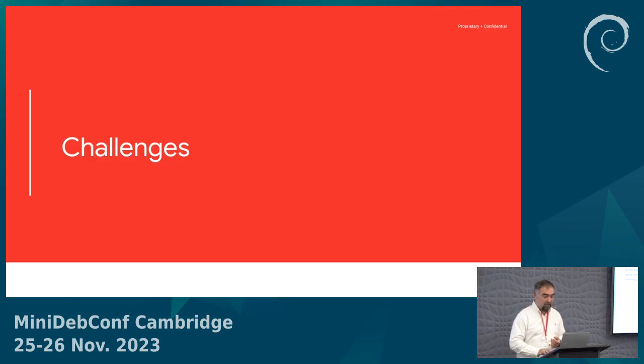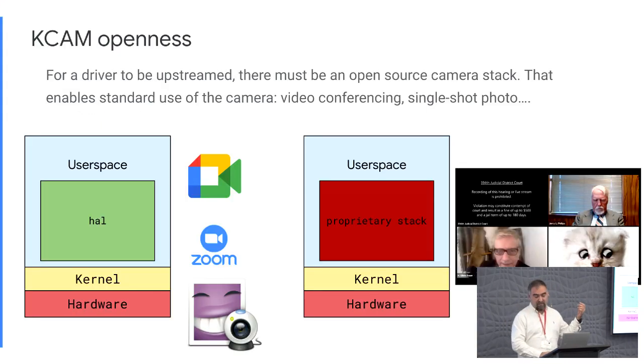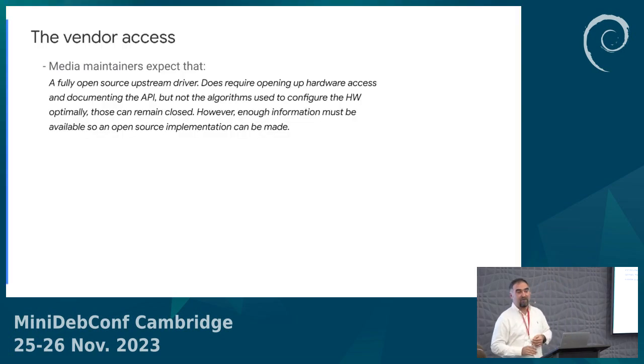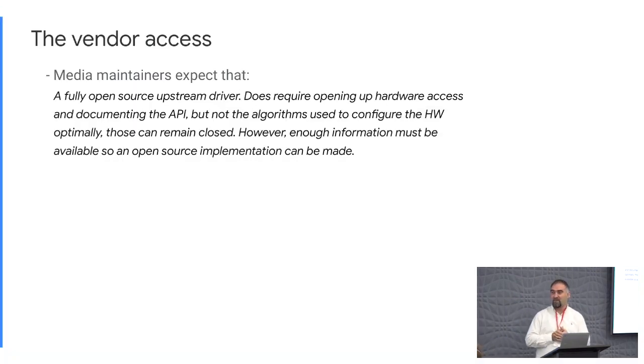So, challenges. Again, the world is perfect, right? We have a way to support complex cameras. Everything is good. Yay! No, challenges. First of all, when we came to the Video for Linux community, they didn't like it. They didn't like it very much. They want everything to be completely open.